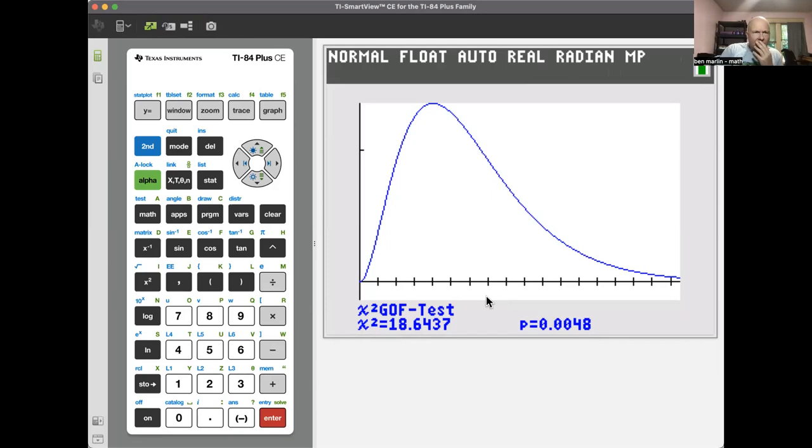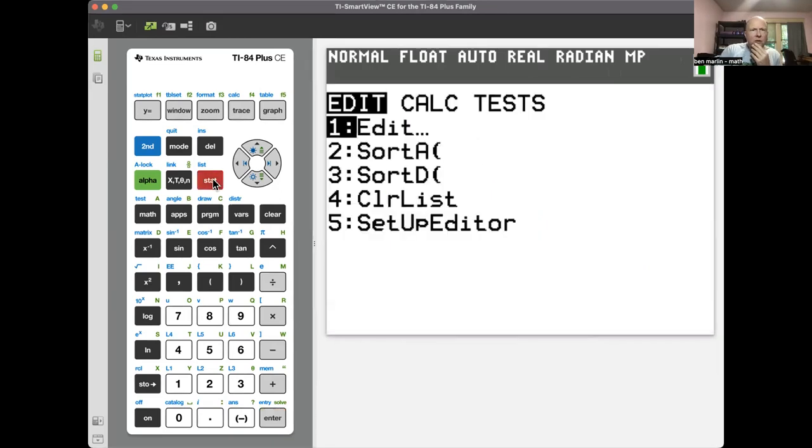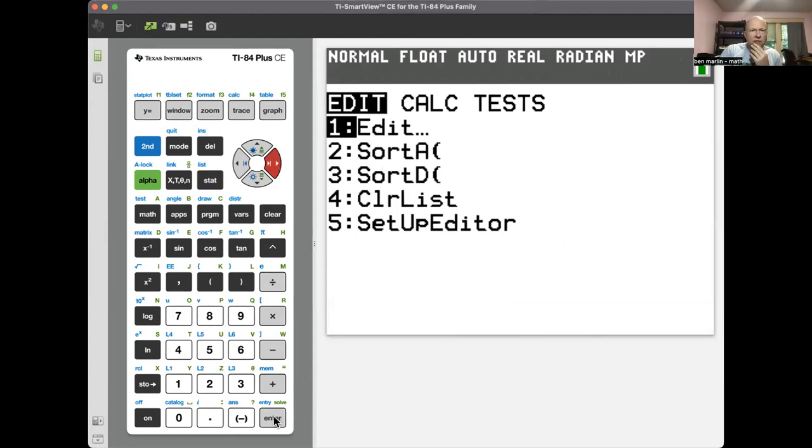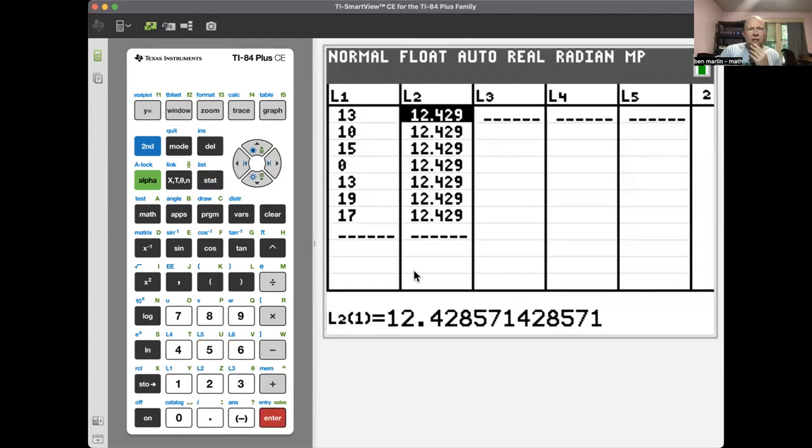Okay. Let me go to the data I had here so that you can just see. All right. So the numbers that we had here were 13, 10, 15, 0, 13, 19, and 17. They were the counts for an actual data run that we'll see on the Python there. But it was days of the week. Okay.